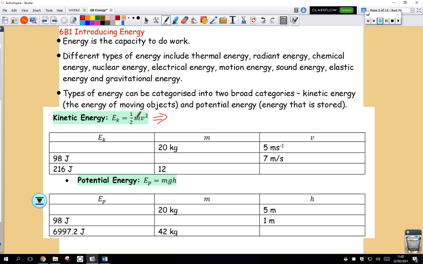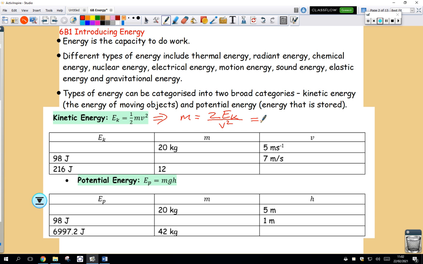So I can make m the subject of that formula by multiplying on both sides by 2, doubling the kinetic energy, and then dividing on both sides by v squared. So the mass will always be twice the kinetic energy divided by v squared. And every time you get a formula, this is just a good thing to do.